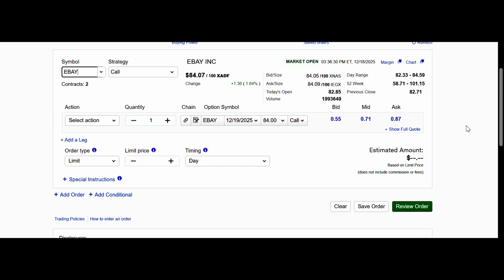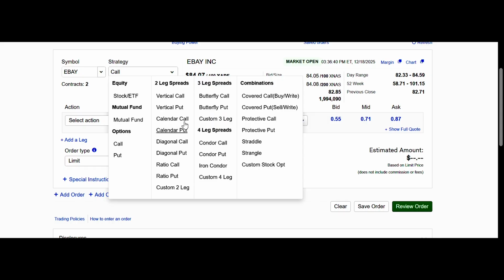All right, let's look at eBay. You got different types of strategies: the vertical call, vertical put, diagonal call, diagonal put. My favorite strategy is a vertical put, especially for smaller accounts. As I started growing my account a little bit more, I'm more so using diagonal puts and iron condors.